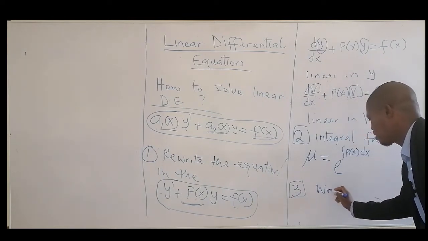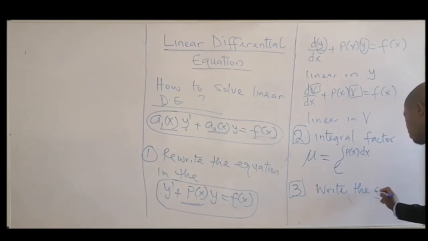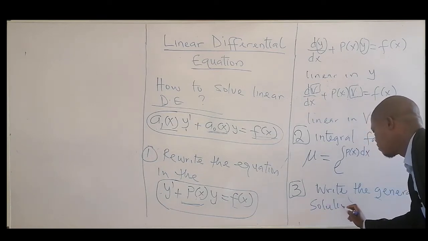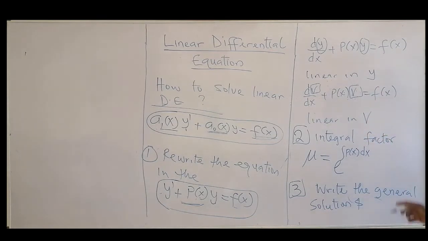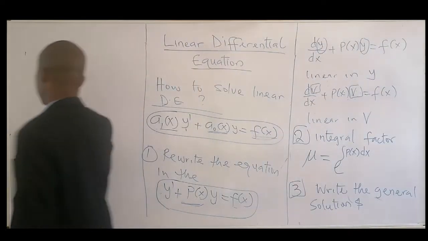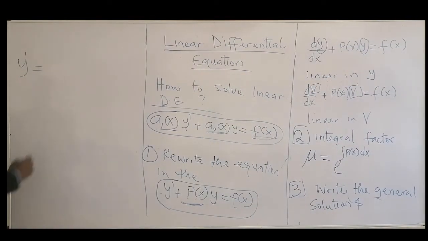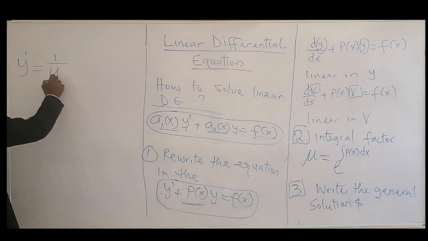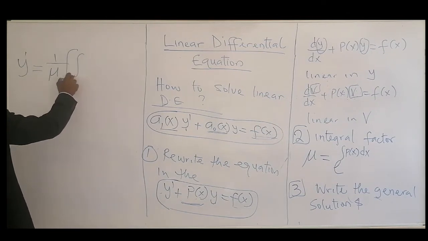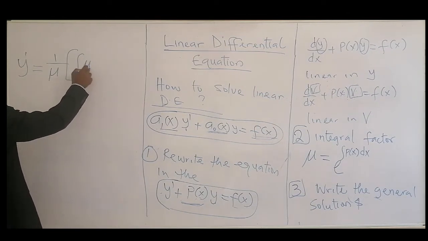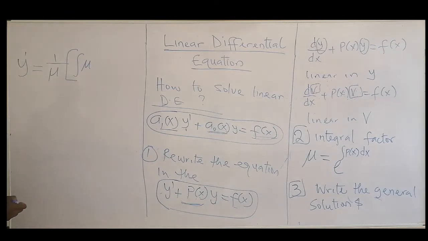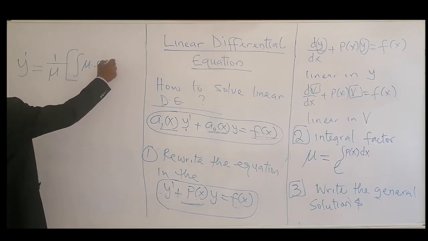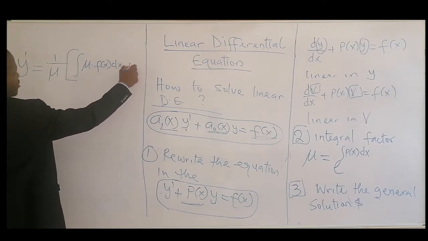Write the general solution, which is of the form y equals 1 over your integral factor, open your brackets, integration of your integral factor times f of x dx, then plus c.